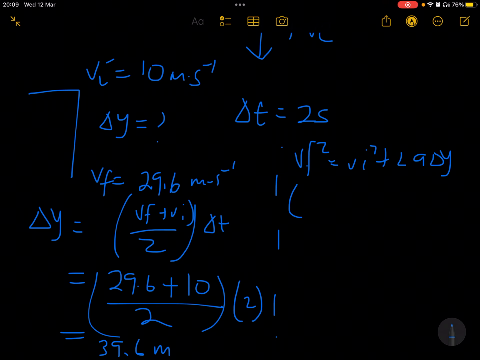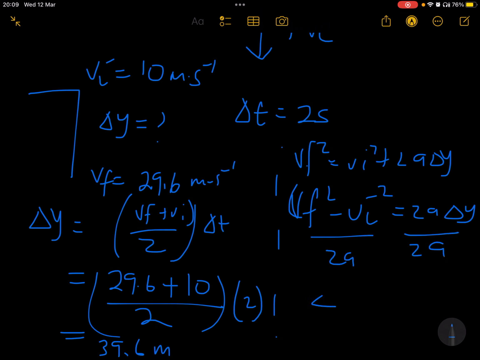The second one is Vf squared equals Vi squared plus 2a delta y. Now, Vf squared minus Vi squared is equal to 2a delta y, and if we divide both sides by 2a, we get delta y. Well, it is not advisable to use this mathematical method. It's best that you substitute straight from Vf squared so that you're left with numbers only, which is easy to do the division.